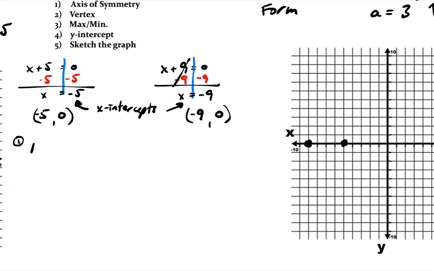Now I can find the axis of symmetry. My notes in the front say, how do I find the axis of symmetry after I have these? Halfway in between. You can actually count it, or you can add these two up and divide by 2: -5 and -9, add those up and divide by 2. But this one is not too bad to tell. We got 1, 2, 3, 4 in between, so half of 4 is 2.